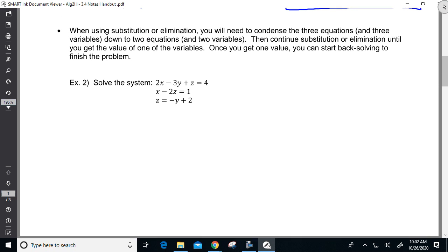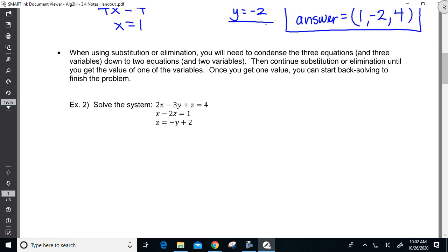Now, when you have three legitimate equations, then you're going to have to use substitution or elimination. In that case, you need to condense three equations down to two equations.